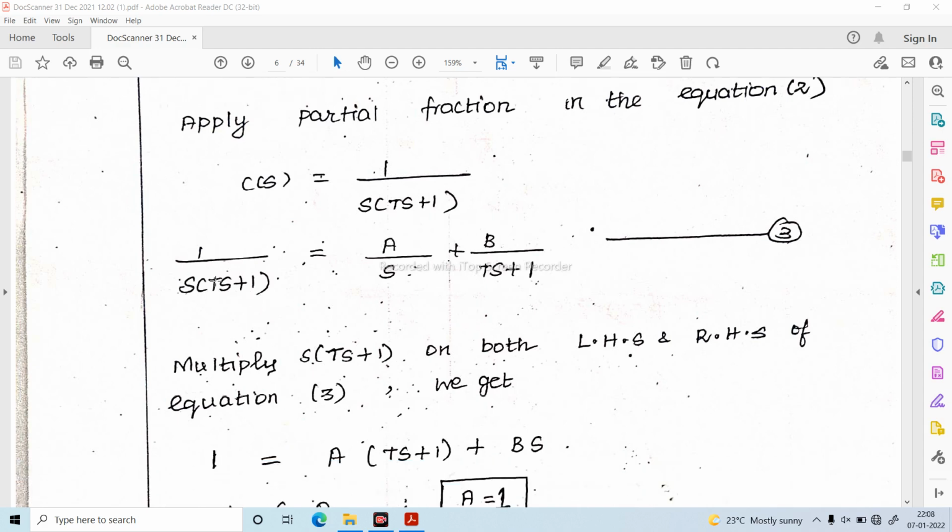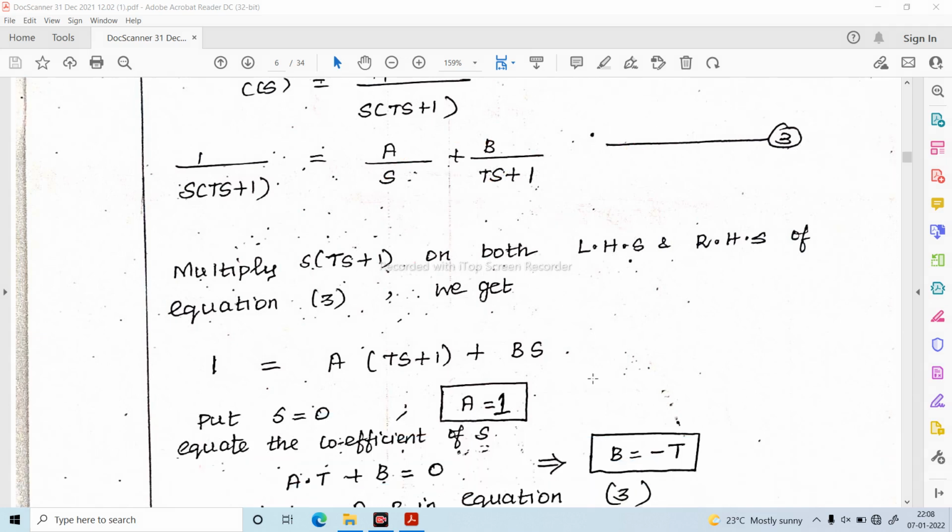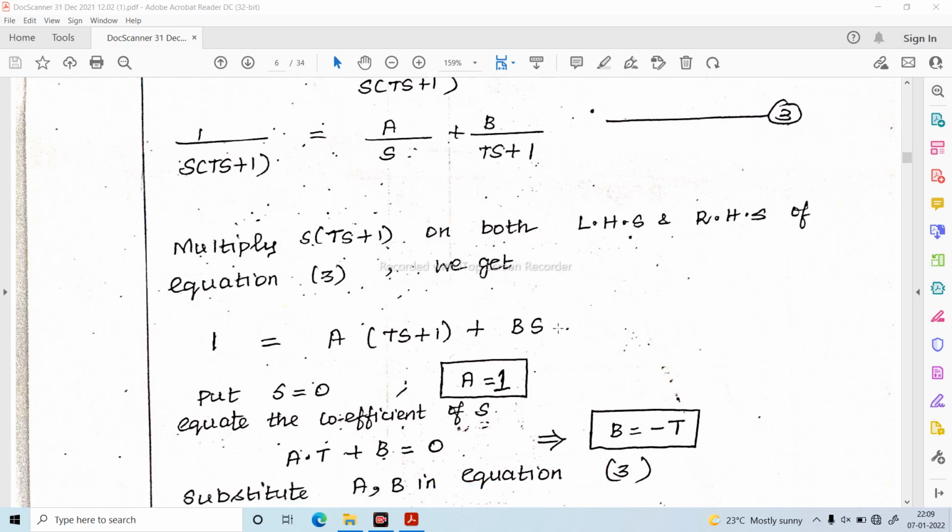Here the terms get cancelled, and we get 1 is equal to A into Ts plus 1 plus Bs.